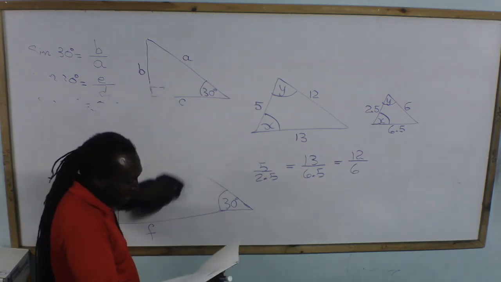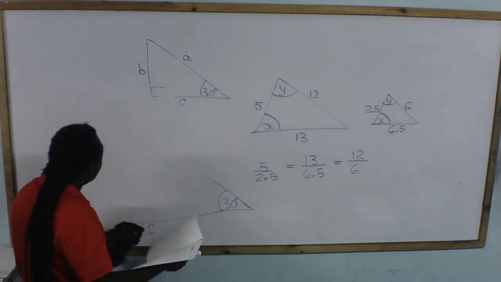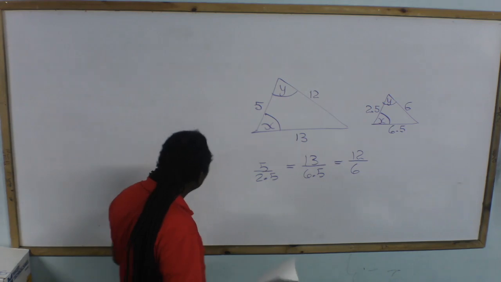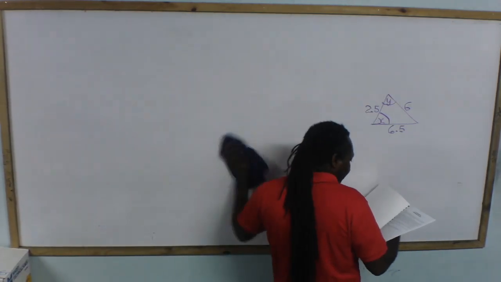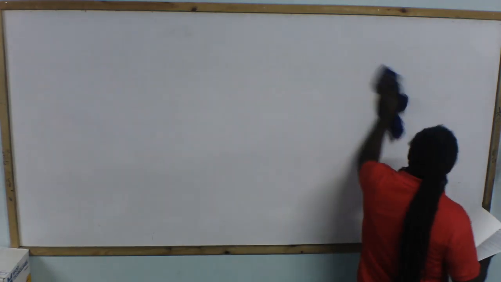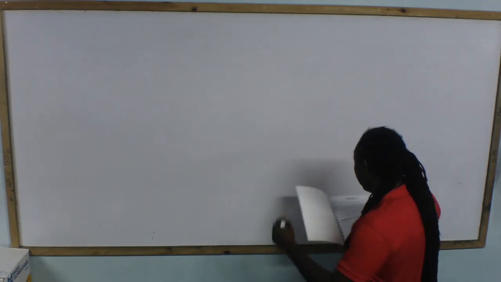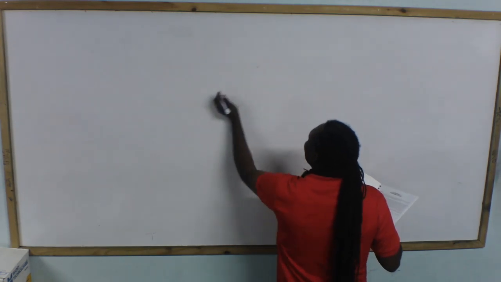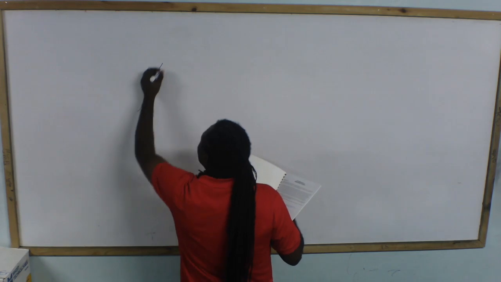I hope everybody is looking in his or her instructional manual at the moment. For the similar ones inside the instructional manuals, I'm going to put those on the board. So we have two similar triangles. I think I'm going to put one of them somewhere here.